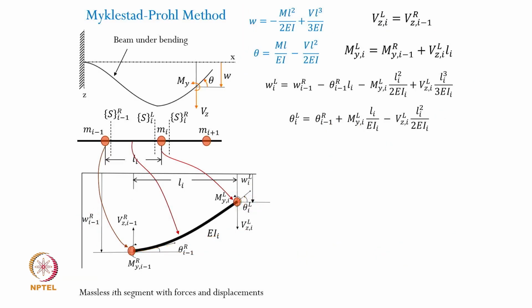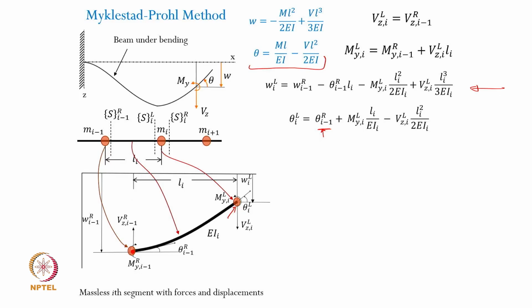So the slope is now the slope at this point, and that slope will get modified with respect to the slope on the left side of the segment, and using this expression you can add to the slope at this point based on the moments and shear forces which are acting at this location. So exactly the way we modified the deflection, the slope will also be written like this, okay. You can work this out yourself.